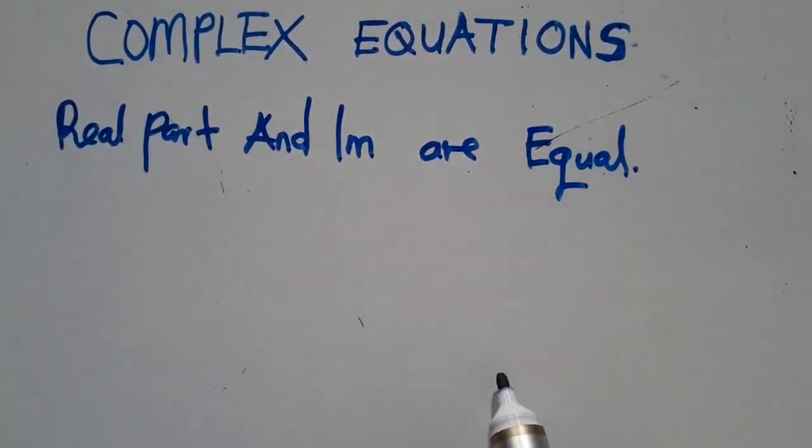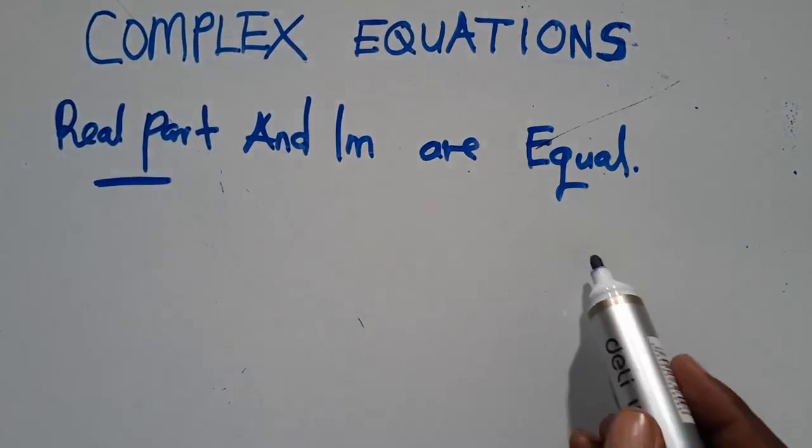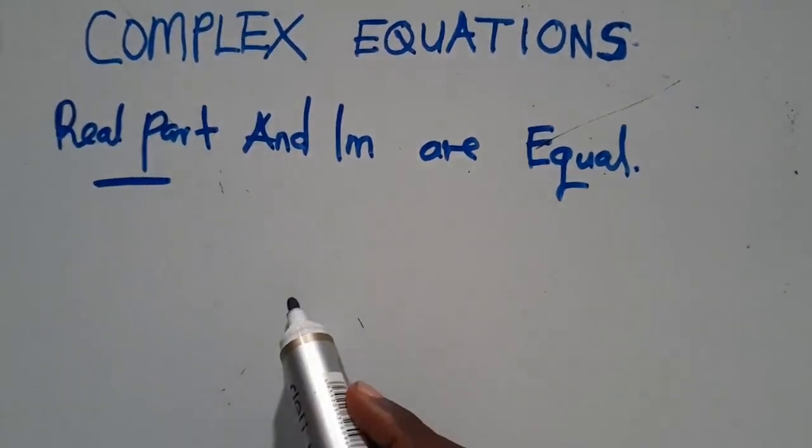So whenever you are talking about complex equations, it means that the real part and the imaginary part are also equal. This is what you need to understand.